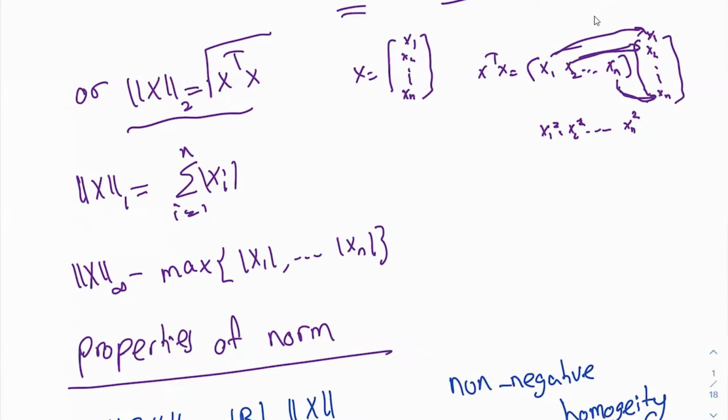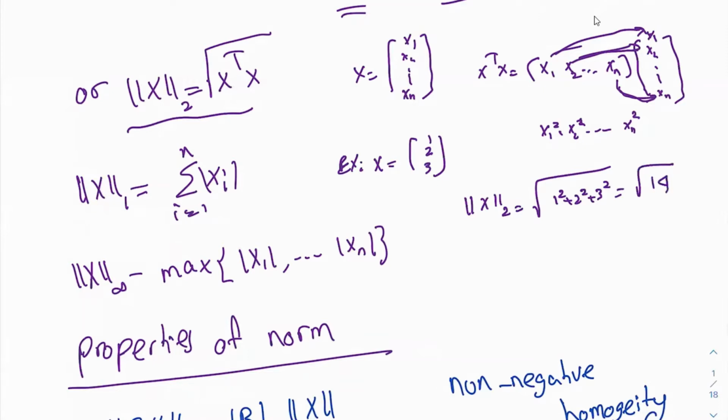So for example, let's define a sample x, let's say x is 1, 2, 3. The L2 norm is the square root of 1 squared plus 2 squared plus 3 squared, which is the square root of 14. The L1 norm is equal to 1 plus 2 plus 3.